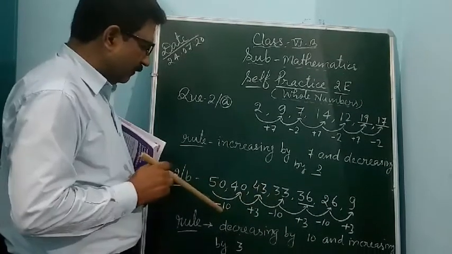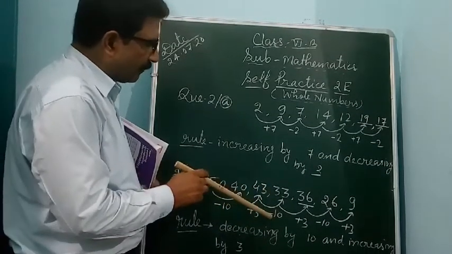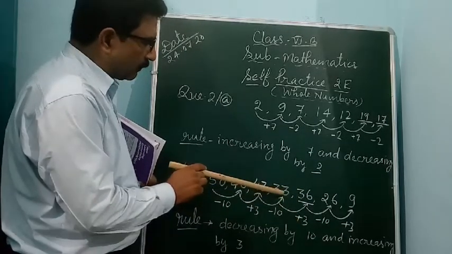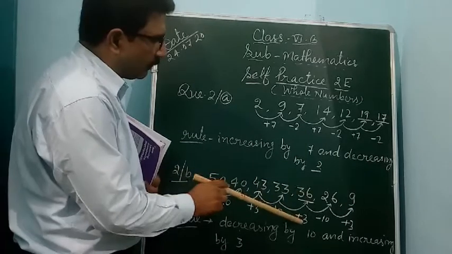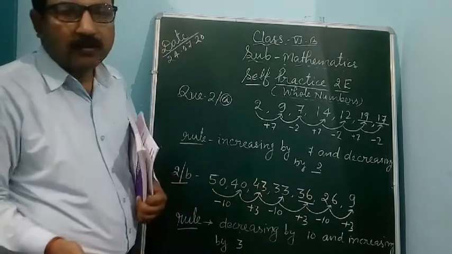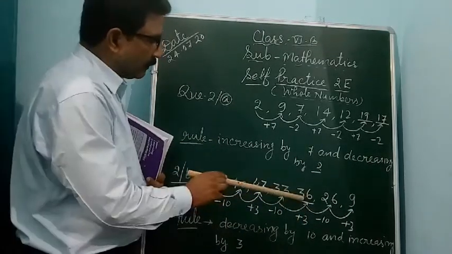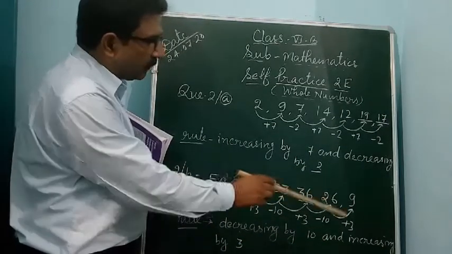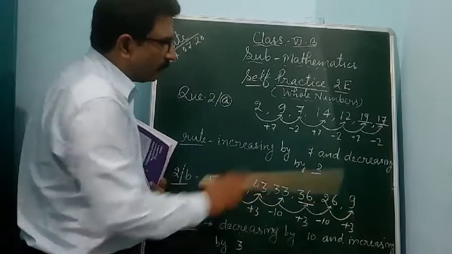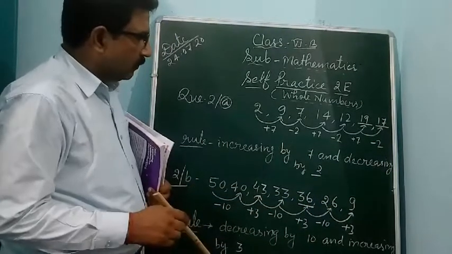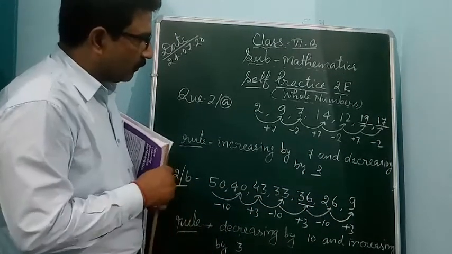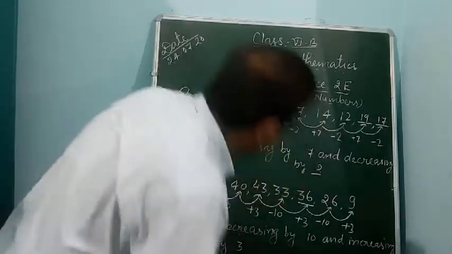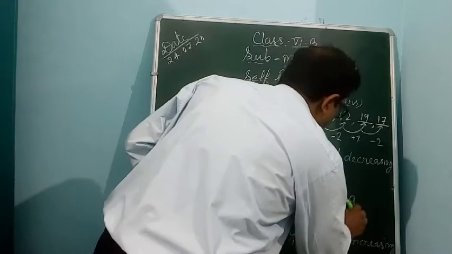So the pattern is minus 10, plus 3. After 33, plus 3 gives 36. Again minus 10: 36 minus 10 is 26. Again plus 3: 26 plus 3 is 29.